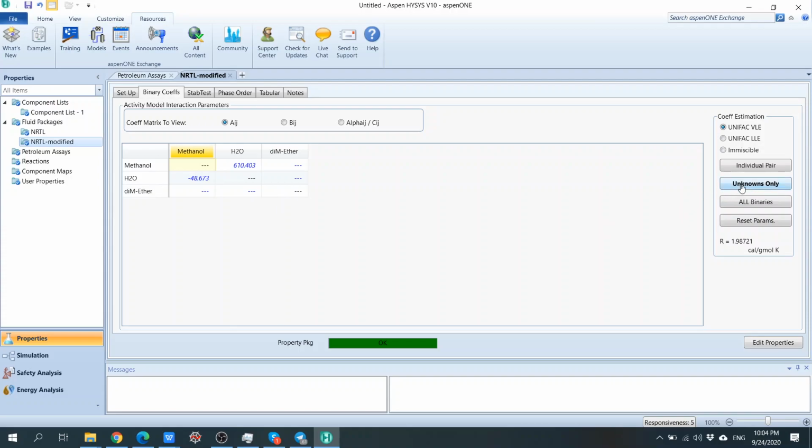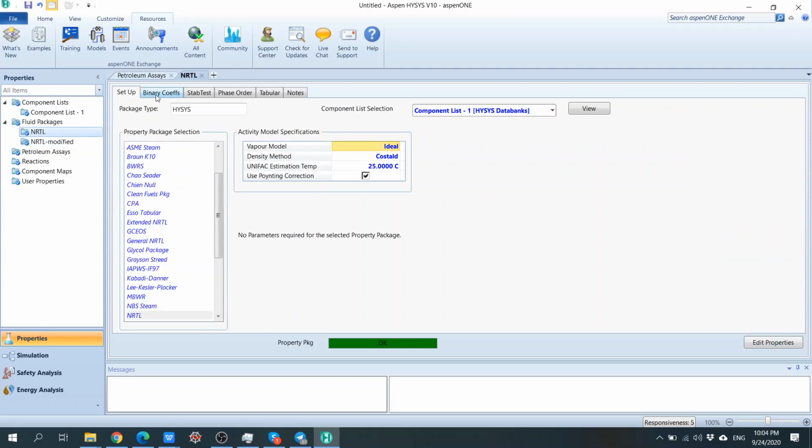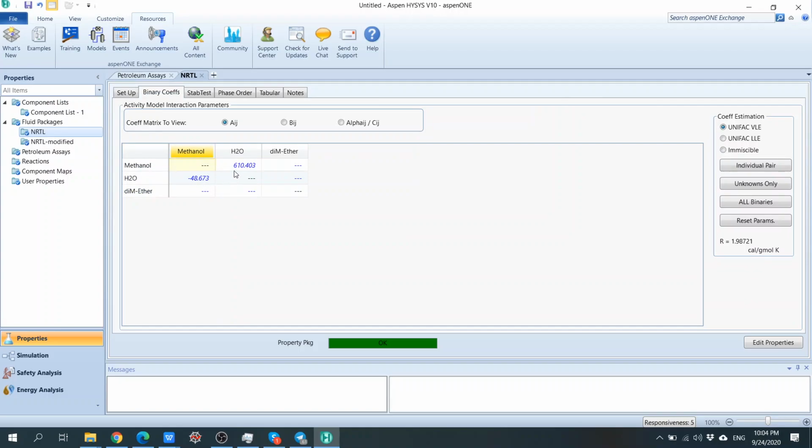Yeah, so I'll just click. See, if you compare it with here, this one is nothing: 610 minus 48, the default number between water and methanol.